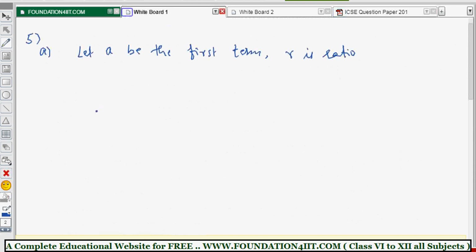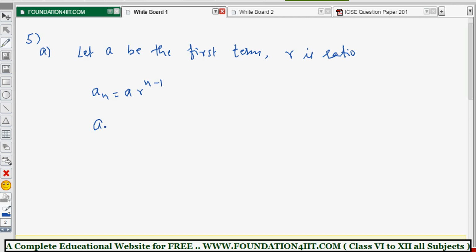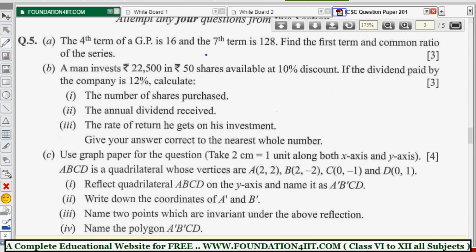Now if you see the question, fourth term of GP is 16. So we know the nth term formula: nth term is equal to a into r to the power n minus 1, right? So a4 is equal to 16. So a4 is a into r power 3 is 16. And one more term is given.